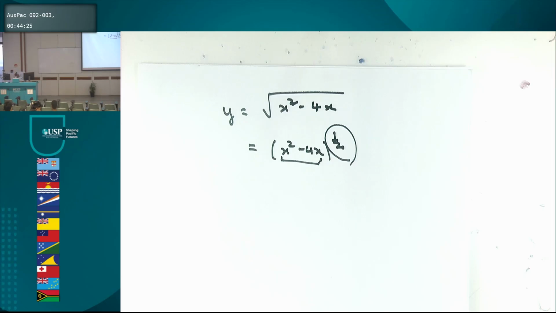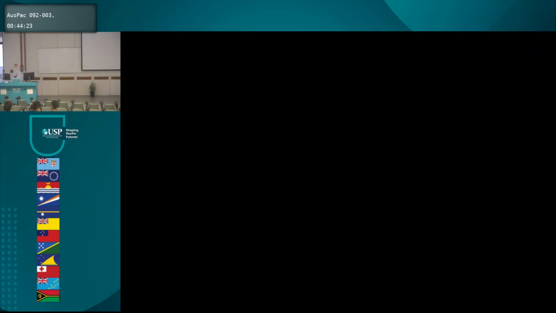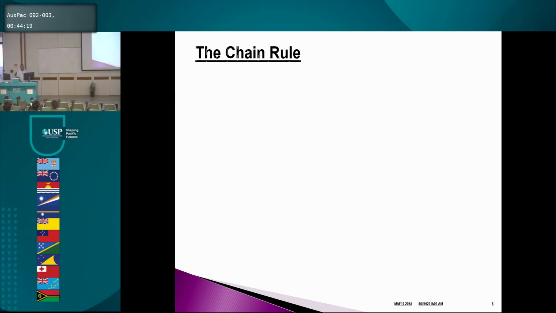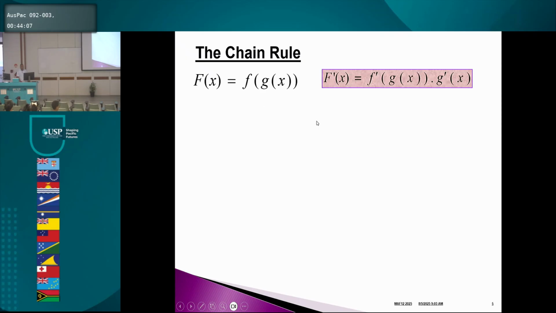So let's have a look at, in this case, the inner function is g of x, and the outer function is f of x, or f of g of x. And the chain rule says, if you are to find f dash x, if you are to differentiate f of x, then we will differentiate the outer function first.